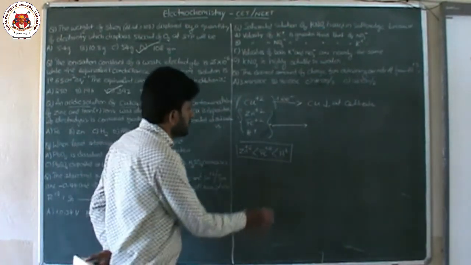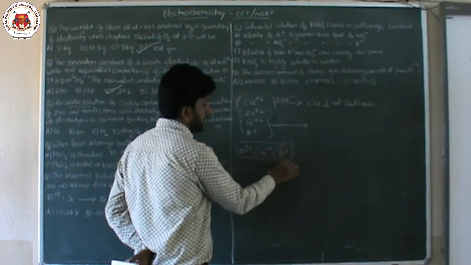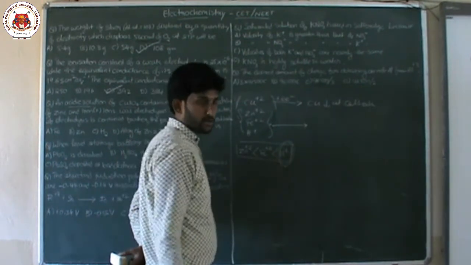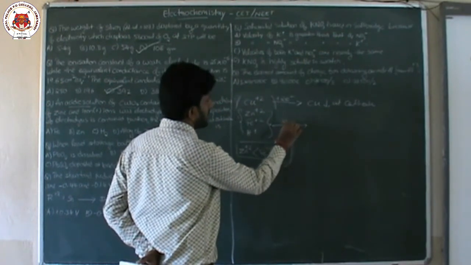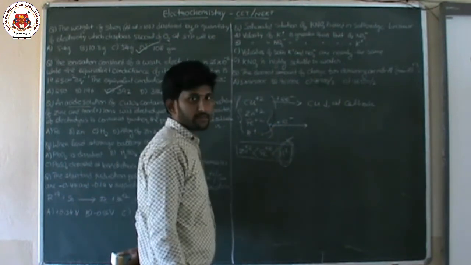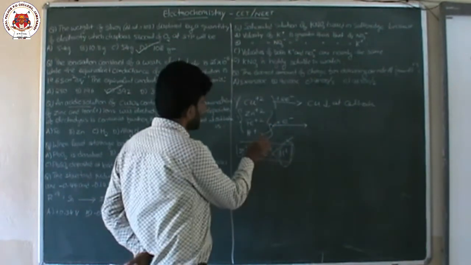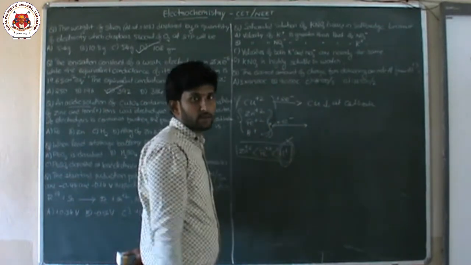The half cell with higher potential undergoes reduction readily at cathode. If there is competition between cations, which cation readily undergoes reduction?